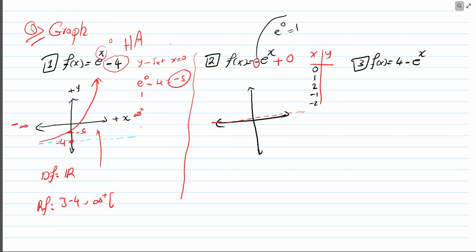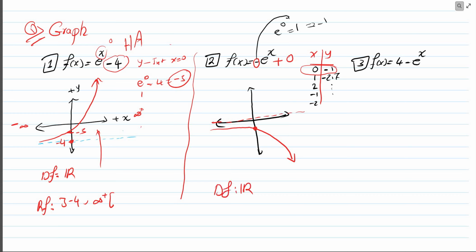But there's a negative, so it's going to be -1. If you substitute 1, we know that e is about 2.7, so you will get -2.7, and so on. So you always get negative values. When you plot them, passing through 0, -1 as we found, the graph is going to be something like this.